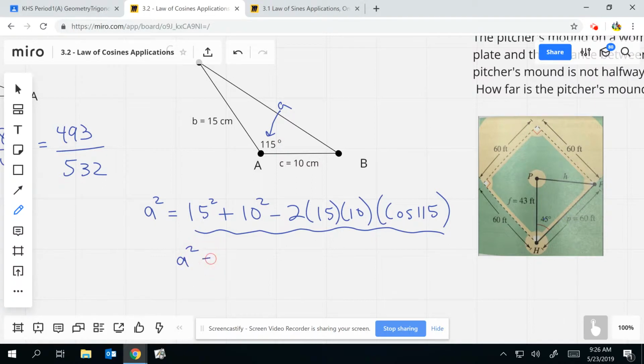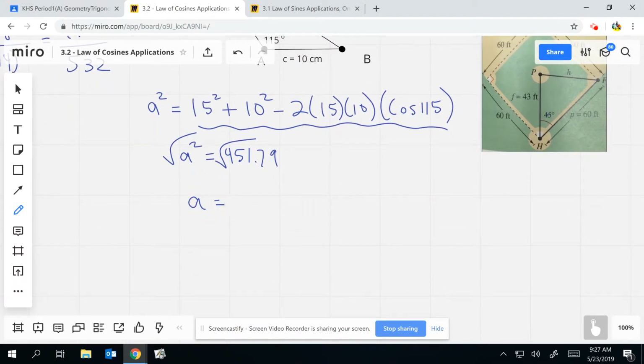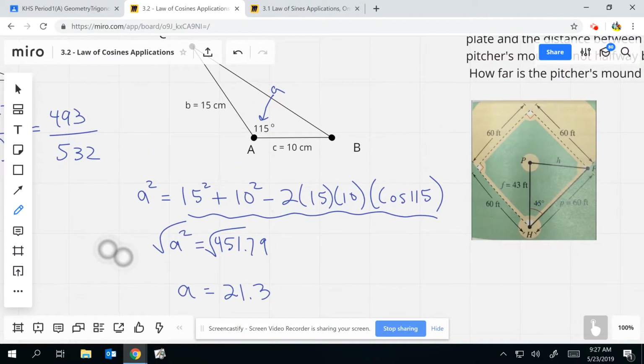So a squared is 451.79. You will square root both sides. So just square root that, square root of 451.79, and you get 21.3 when you round it off. So that's little a.